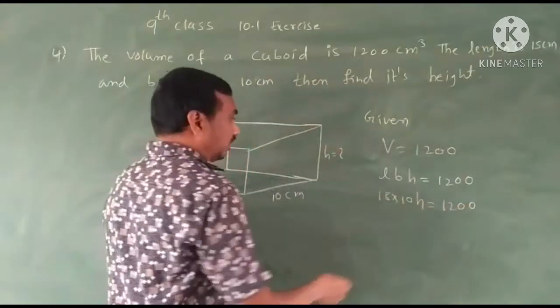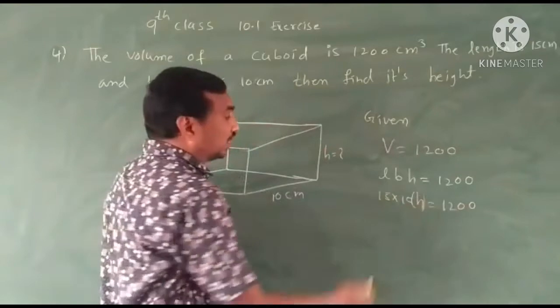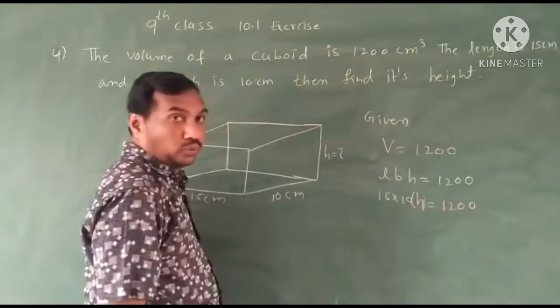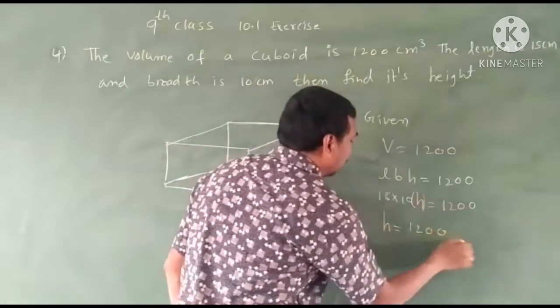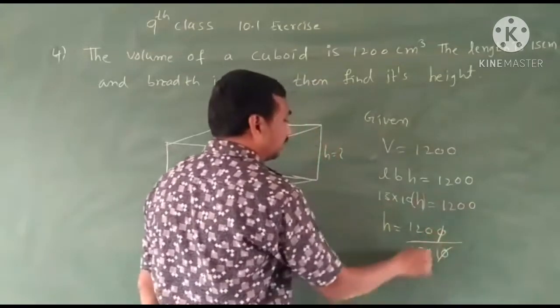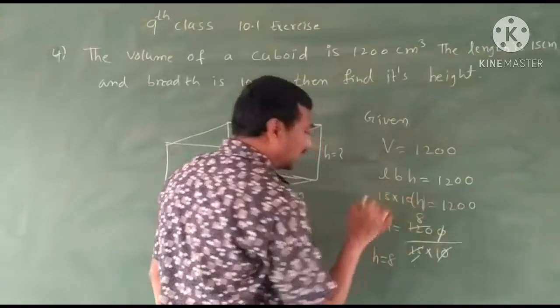We need to find this variable value. 15 into 10 are in multiplication with H. If they come to this side, those two numbers will be in the denominator. That is H equal to 1200 by 15 into 10. 0 0 will be cancelled. 15 eights are 120. Therefore, H value is 8.